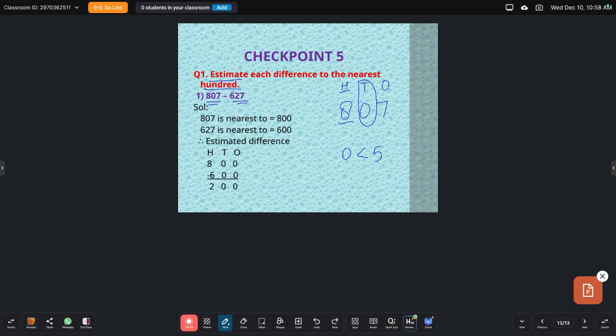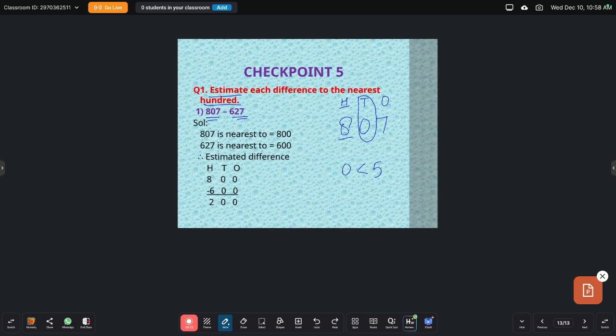But for example, if I take another number, 8, 5 and 9. At ones place we have 9, at tens place we have 5 and at hundreds place we have 8. Because we are rounding to the nearest 100, we check the digit at tens place. We see that 5 is equal to 5.